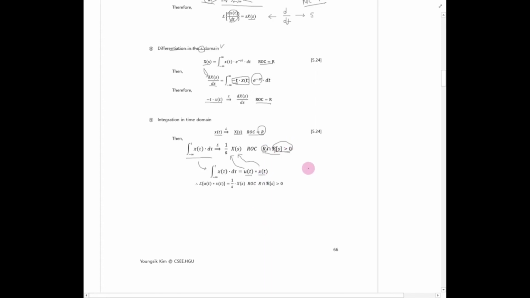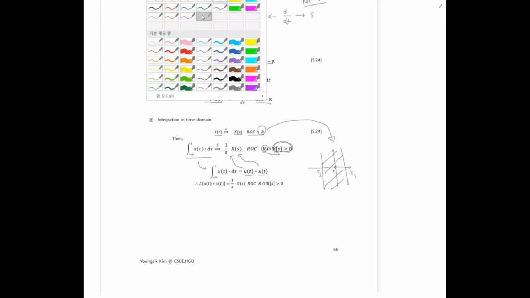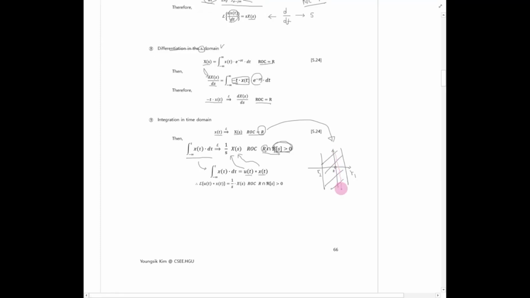For example, if the s domain region of convergence R is defined this way, with R2 here and R1 here, and this one is 0, then the region of convergence for the unit step is the positive area.